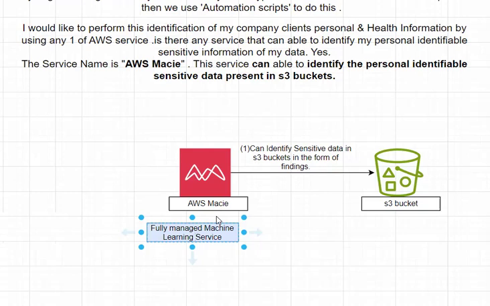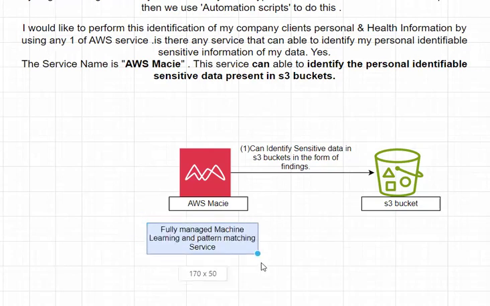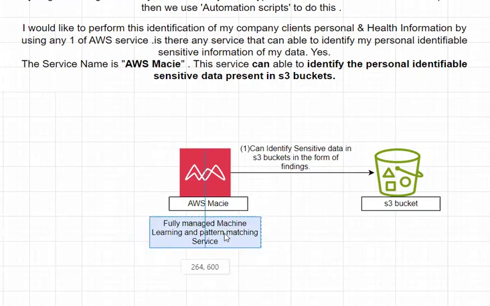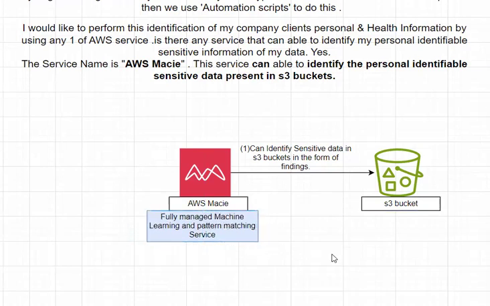So we can even say it is a fully managed ML and pattern matching service, since it is able to identify the patterns, right? So, pattern matching service. This AWS Macie is a fully managed machine learning and pattern matching service.